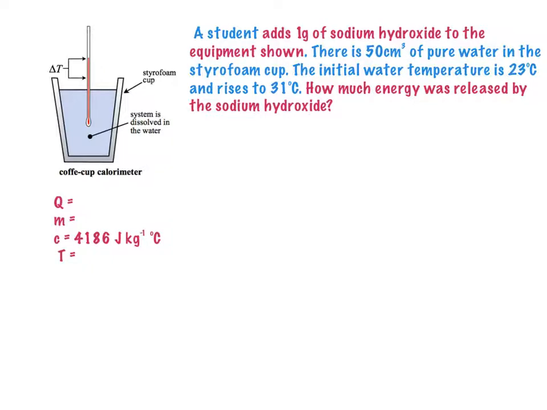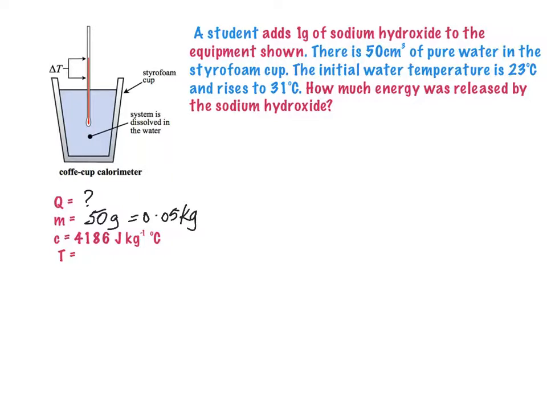So let's start filling in what we've got, and then we can work it out. We are trying to find the energy, so Q we don't know. The mass of water is 50. Now remember that every cm cubed has a mass of 1 gram, so that'll be 50 grams. But to use the equation, this has to be converted to kilos, which is 0.05 kg.